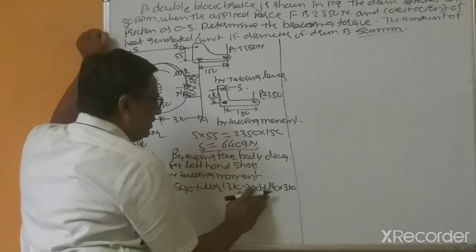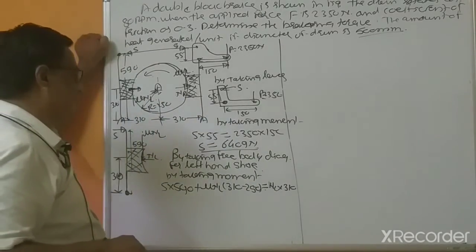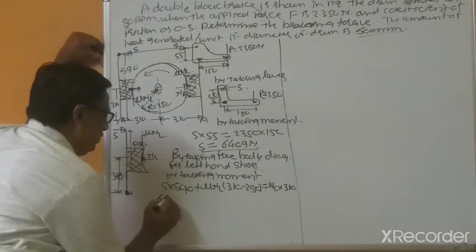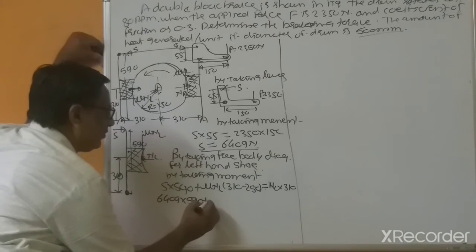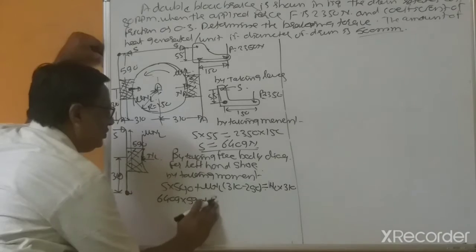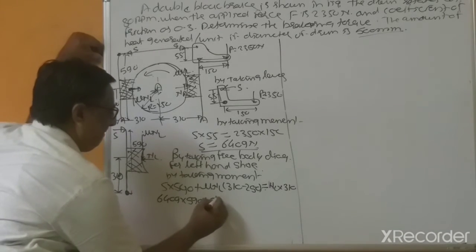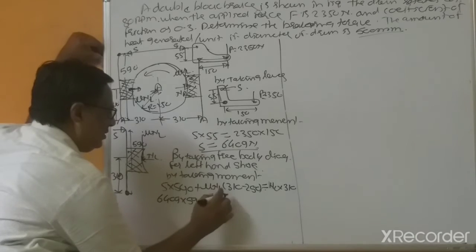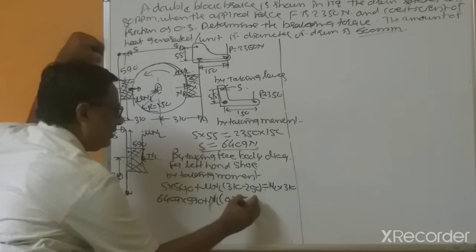So these forces are opposite, so that's why we have to take this equal to. So S equal to 6409 multiplied by 590 plus 0.3 NL into 0.3 multiplied by 250.